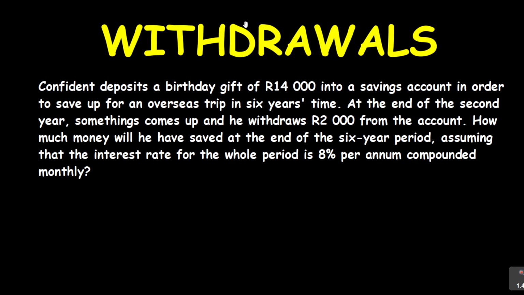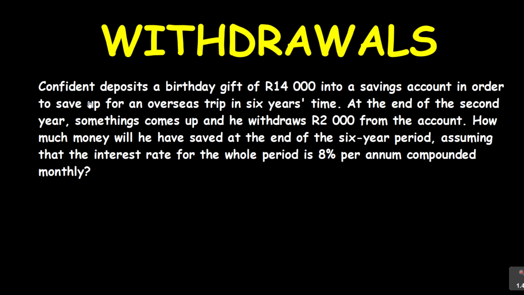You are investing money, for example, that is me here. Confident deposits a birthday gift of 14,000 into a savings account in order to save up for an overseas trip in 6 years' time. At the end of the second year, something comes up, whatever case comes up, and he withdraws 2,000.